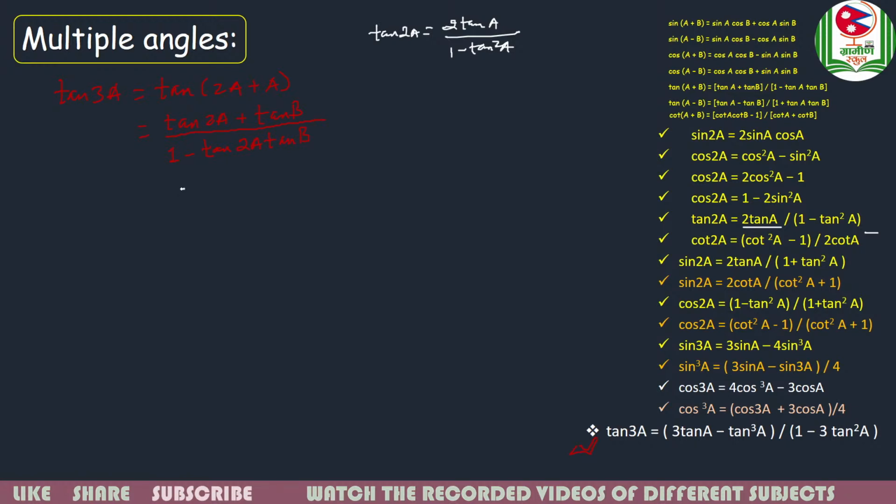So first let's write 2 tan a, and here this one is a and this one is a, so 2a, and this b can be replaced by a. So we write b as a.